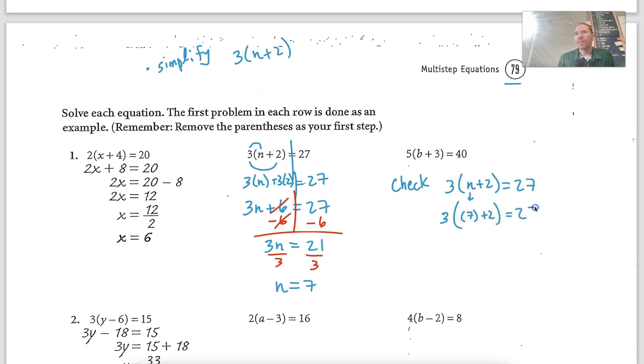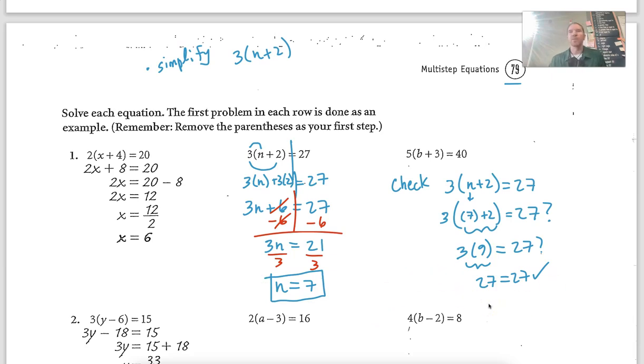And now here I don't need to distribute because I can do what's in the parentheses. Back here, n plus 2, I can't perform n plus 2. But now that it's 7 plus 2, I don't need to distribute. I can do 7 plus 2, that's 9. So I get 3 times 9 equals 27. You bet. 3 times 9, yep, 27 equals 27. So 7 was a good number. 7's a good value because when using that, my equation says 27 equals 27.